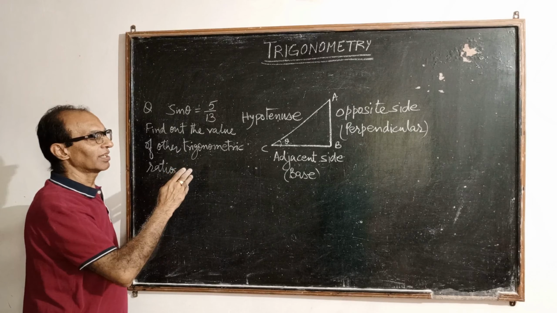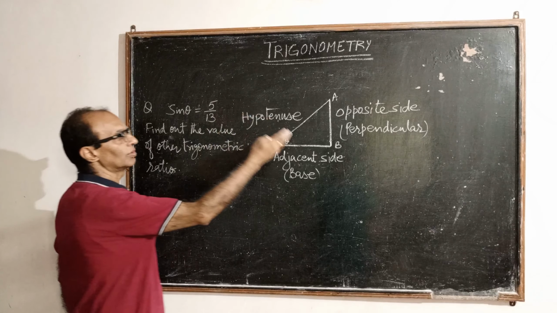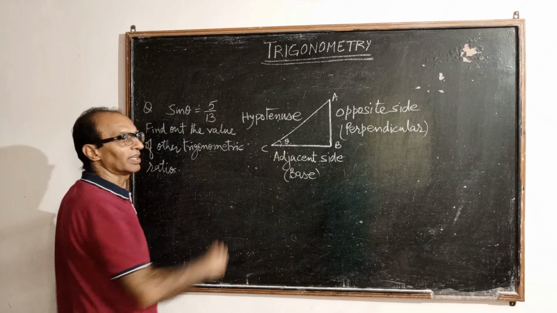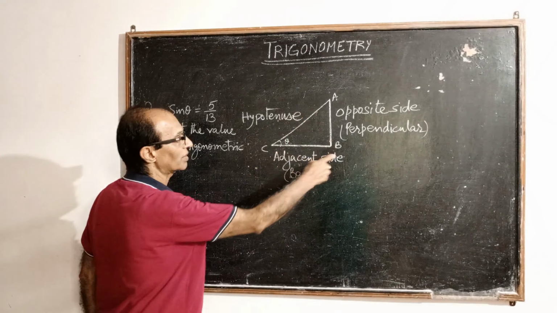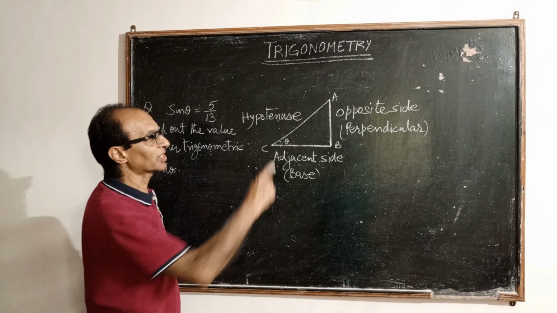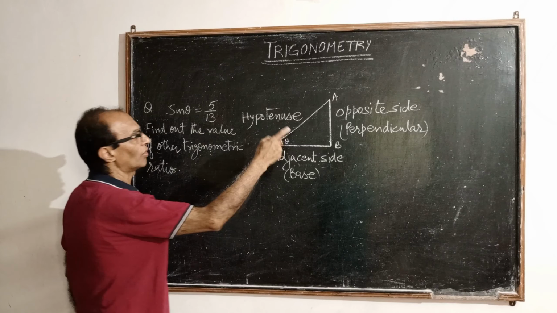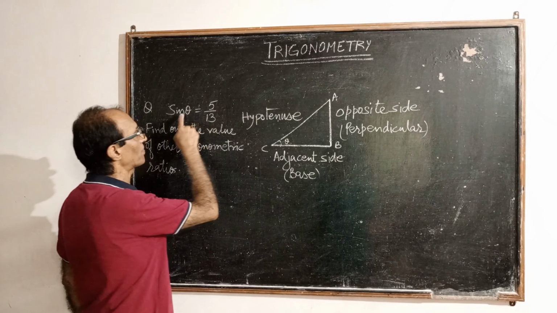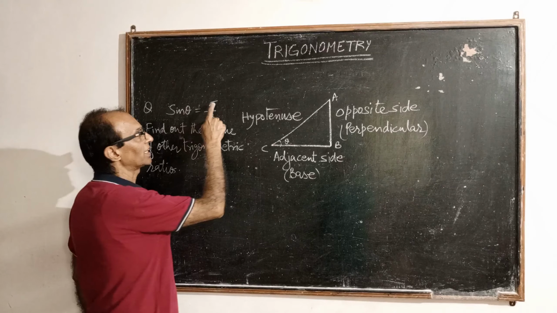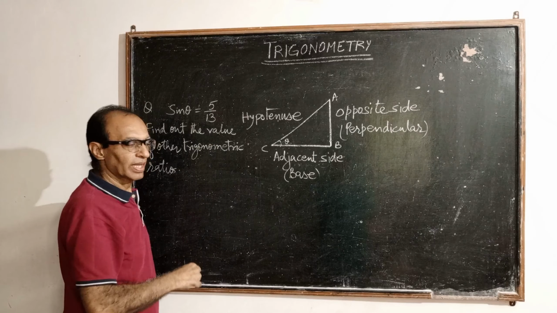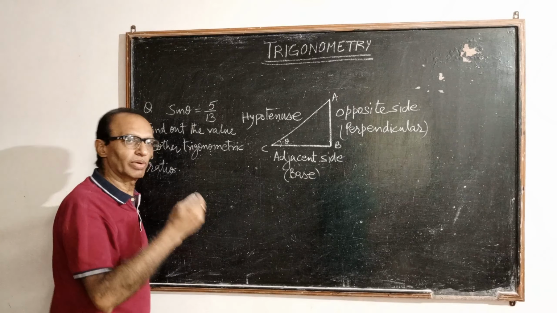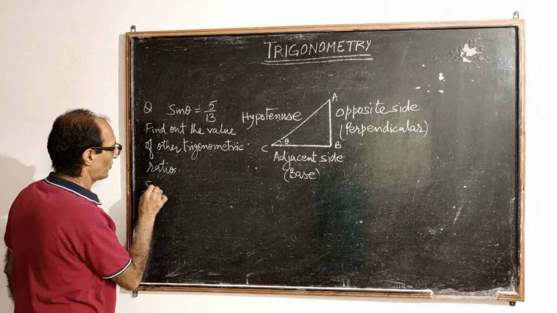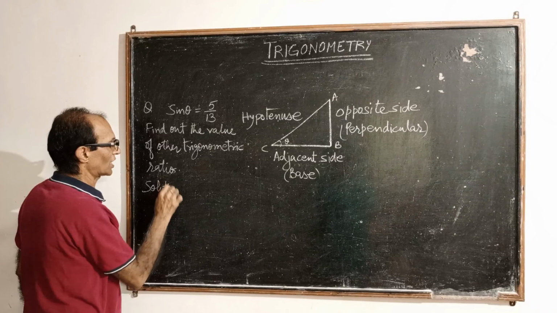So for that, we need to refer back to our basic aspect, that this is dealing with a right angle triangle, and in this right angle triangle the ratio of perpendicular to the hypotenuse, which happens to be the sine theta, is 5 upon 13. So how are we going to work it out? For this one, we write this solution.